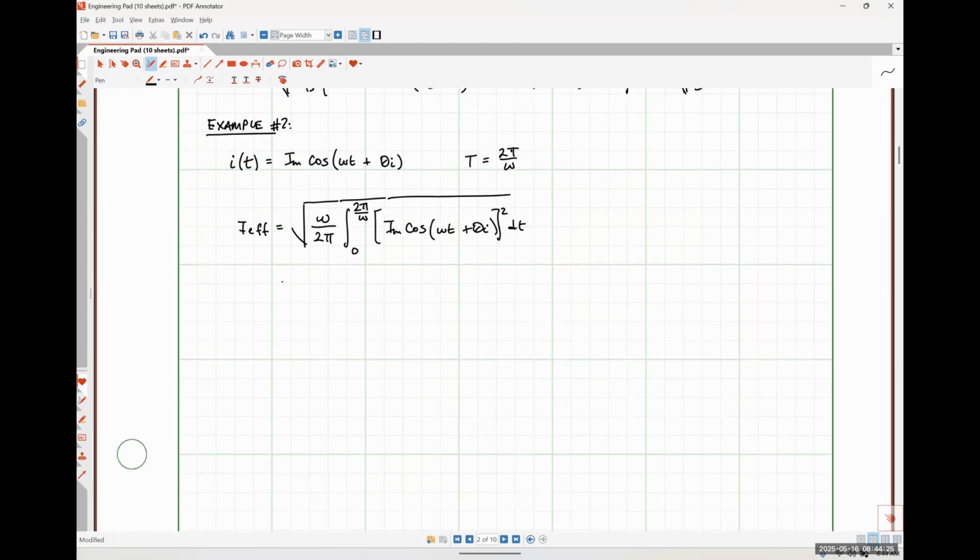When I square that cosine function, that's going to leave me with the following relationship.